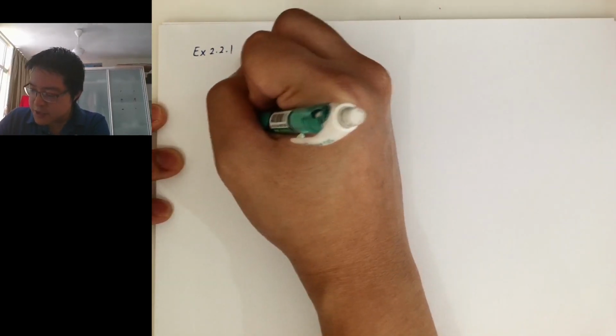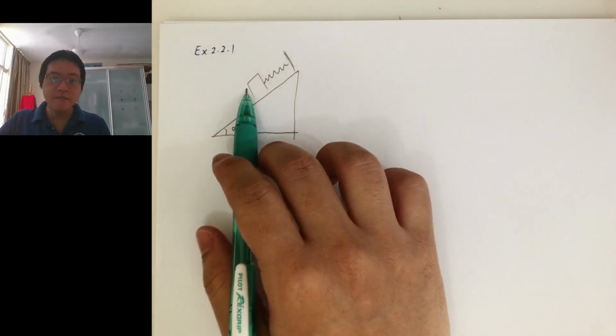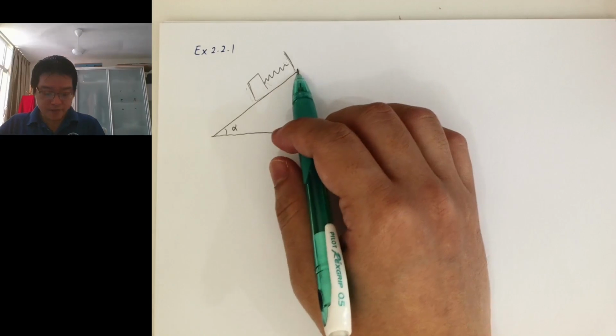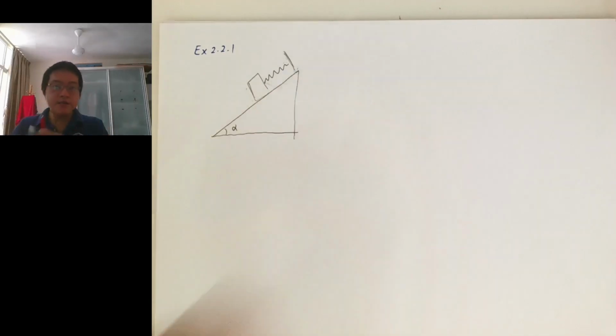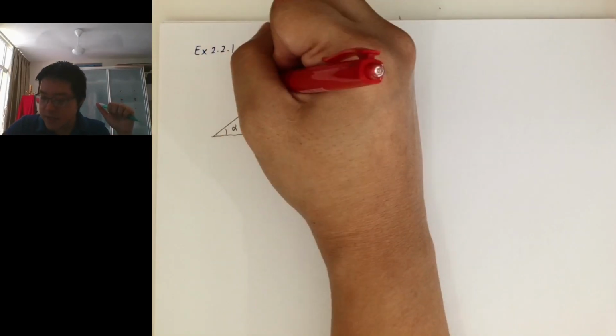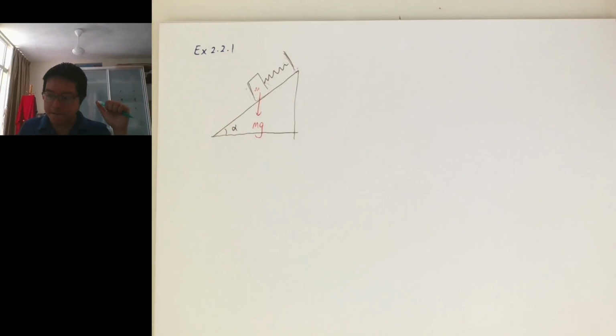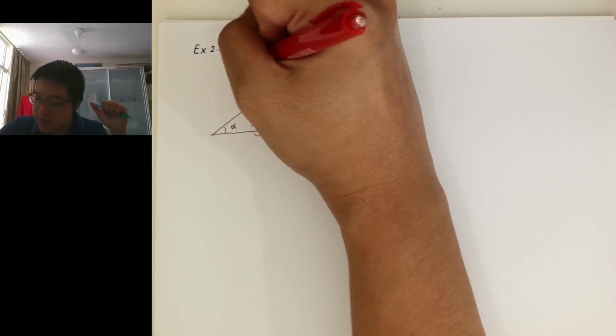So I have this situation: a block sitting on a slope and attached to a spring. Now we can try to draw the forces acting on the object. The object has mass m, therefore I have mg as usual. It is sitting on a surface, so I'm going to have a normal force.